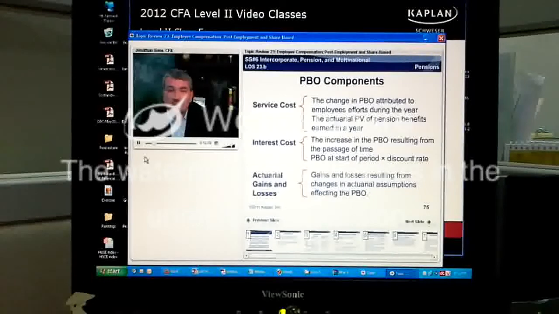If they change their assumptions there, it will change the benefits that you'll receive. It will therefore change the PBO. So think discount rate, think final salary in terms of creating these actuarial gains and losses, and then any other adjustments that they make, things like your life expectancy, for example. Anything that affects those future benefits will be an actuarial gain or loss.